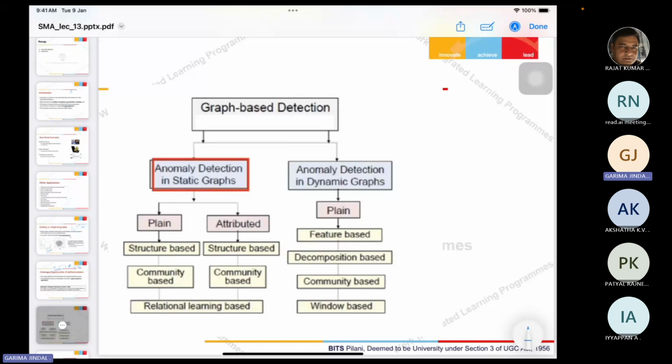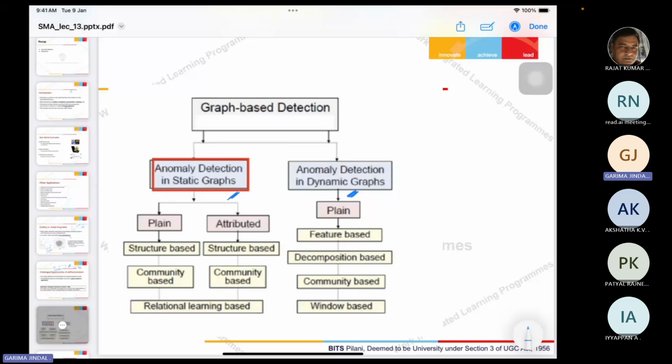What is your task? The task is to identify anomalies in the graph. First and foremost, you need to understand what different types of graph we have. Majorly, we can divide the types of graph into two types. One is the static graph and the other is the dynamic graph.